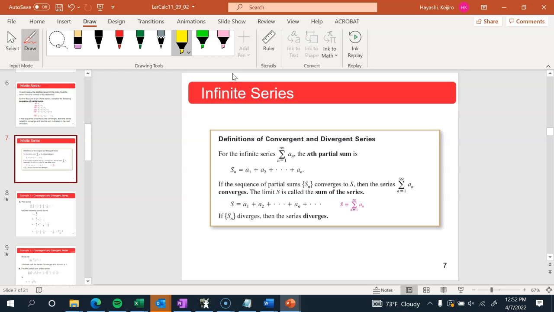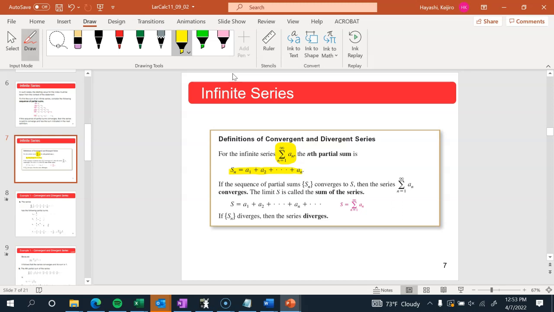But for an infinite series, where you're adding up all the terms a sub n, the nth partial sum is just you take the first n terms and you add them together. So you take the first 1 term, the first 2 terms, the first 3 terms, and the first 4 terms, and so on, increasing the number of terms every time.